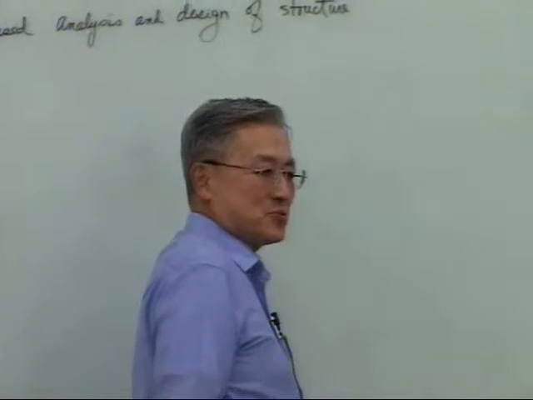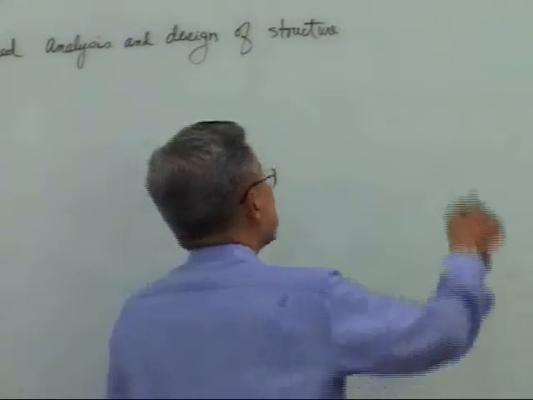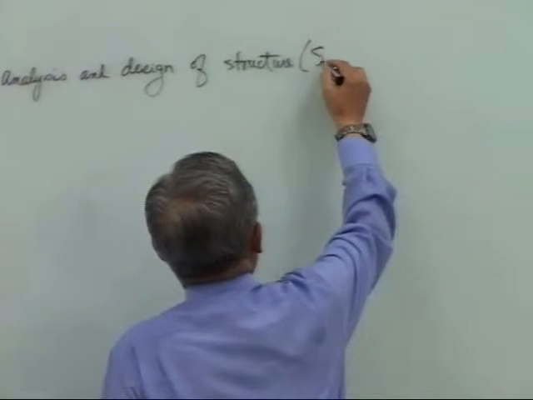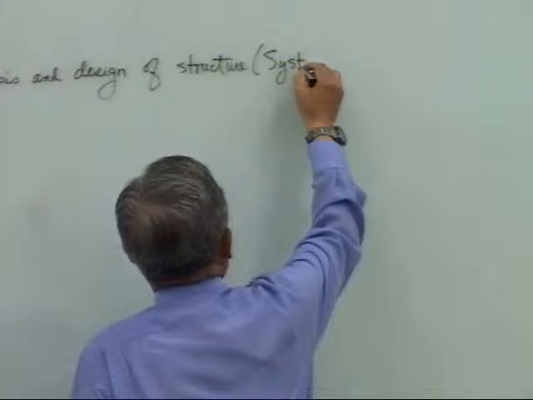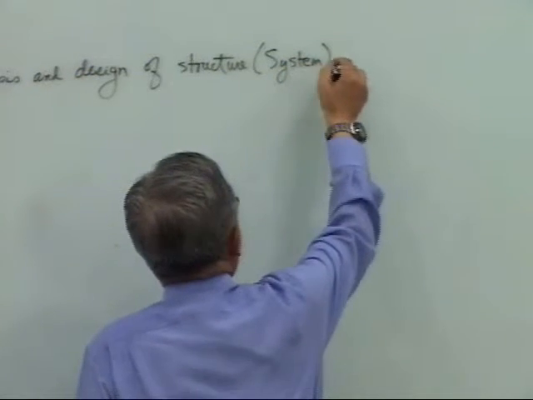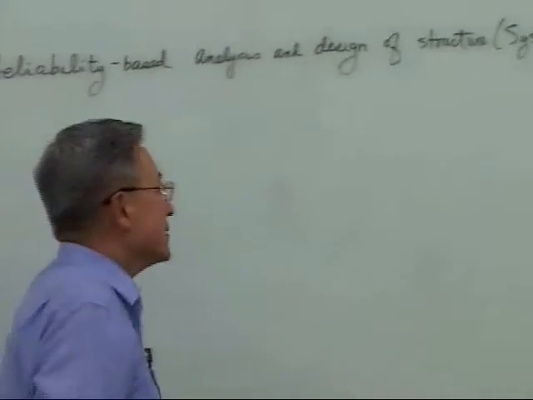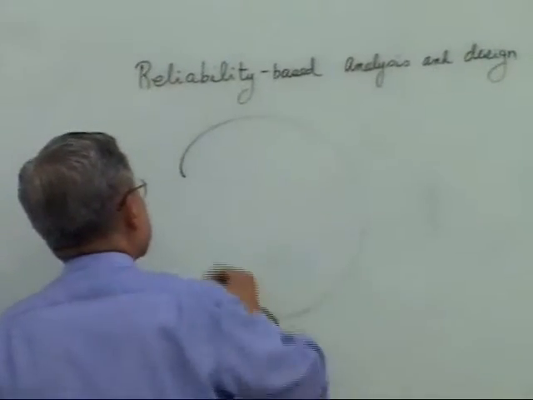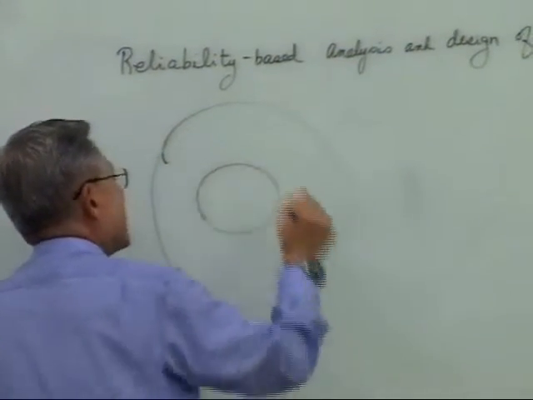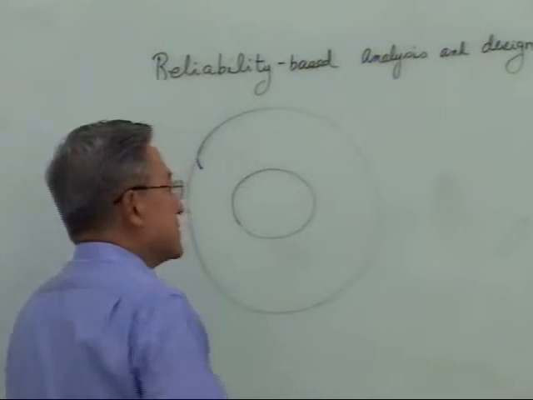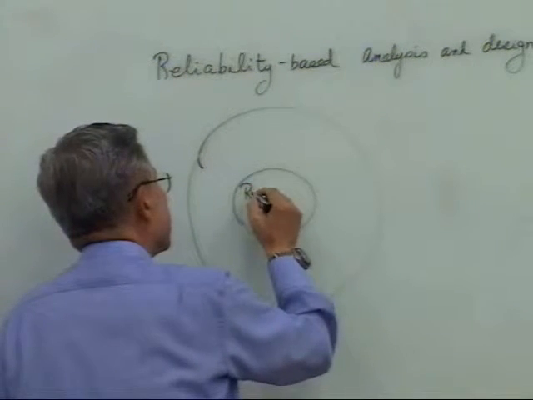Structure or structure system, it's both, okay? We are dealing with the system. Here, if I just draw the big circle here and put the core, so this is reliability here.